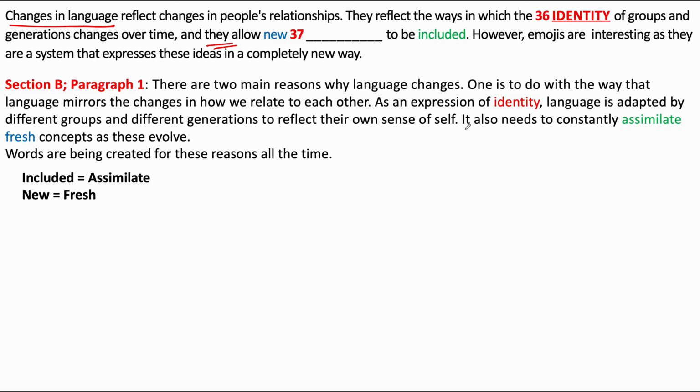The passage says, it, that is the language, needs to constantly assimilate or include fresh concepts as these evolve. As the concepts evolve or change, the language also needs to change to include or to allow inclusion of new or fresh concepts. The answer to the 37th question is concepts.